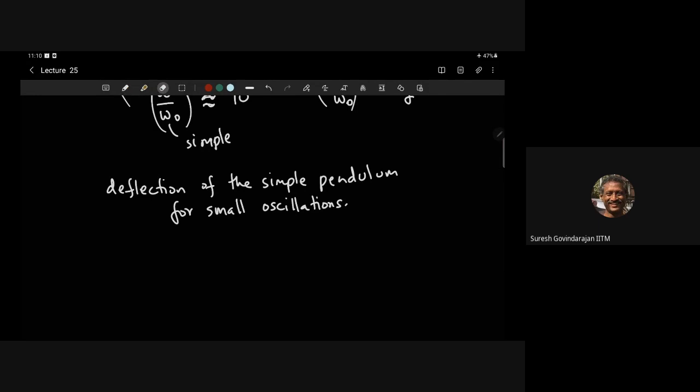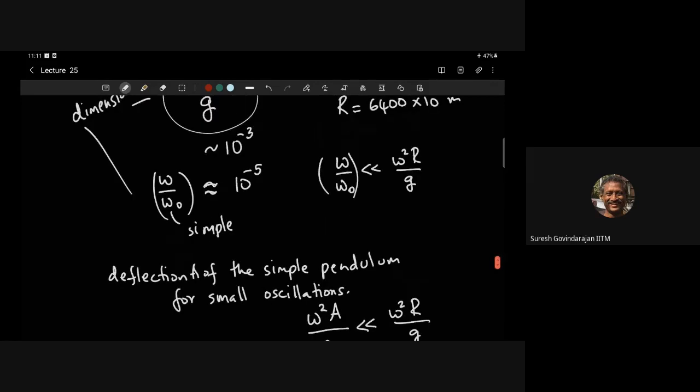Let's call the deflection capital A. So omega squared A by g will be much, much less than omega squared R by g, because A will be of the order of mm, while R is of the order of thousands of kilometers.